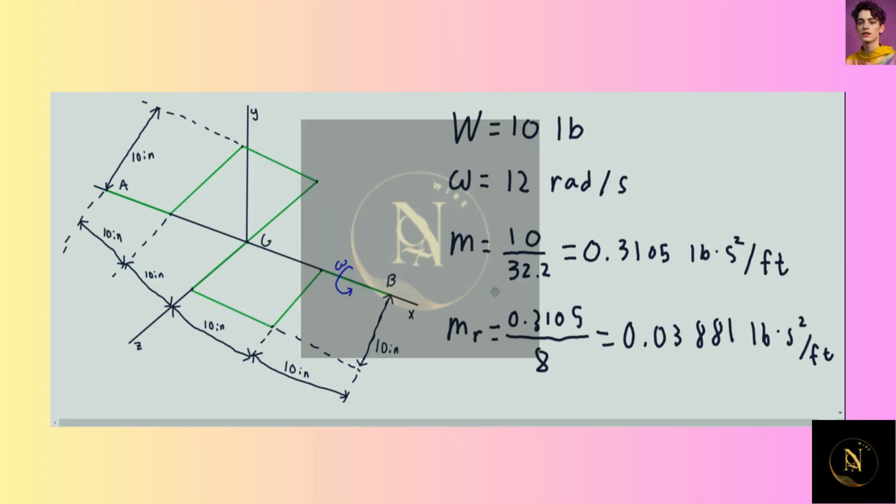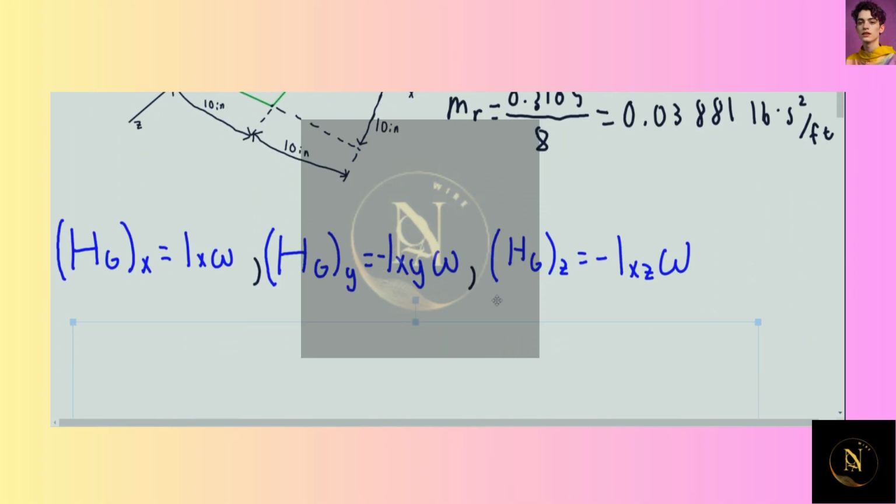So to solve this problem, we're going to need to find the x, y, and z components of the angular momentum. And these are the formulas corresponding to each component. So we'll start by finding what the moment of inertia is in the x direction.